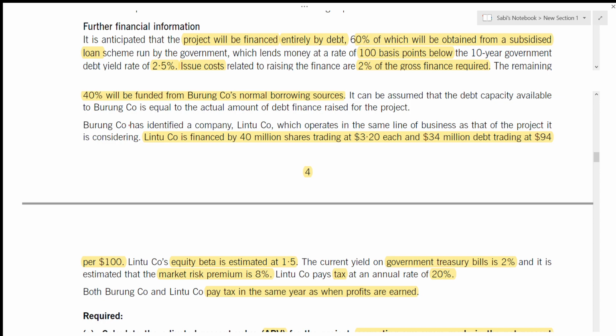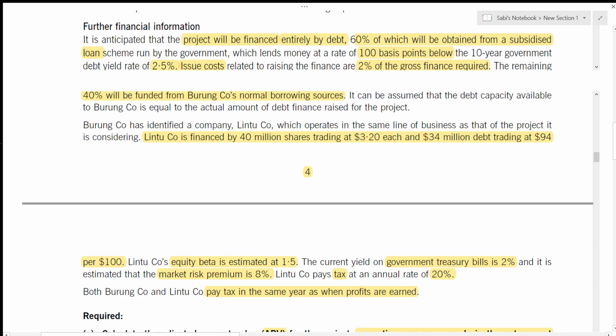To calculate the asset beta. By using that asset beta, ungearing, re-gearing, exactly for that purpose, so that we can find the cost of capital. Why do we want to find the cost of capital? Because we have to discount the project, right? We need an appropriate cost of capital. So that's why this information is given.